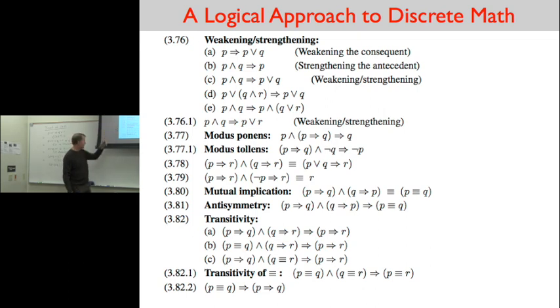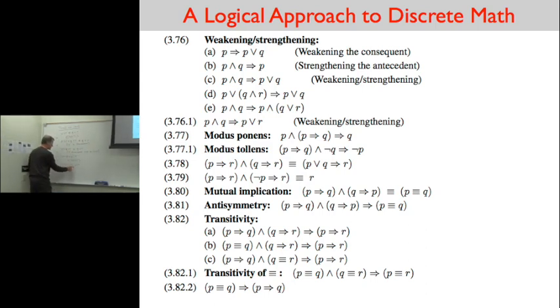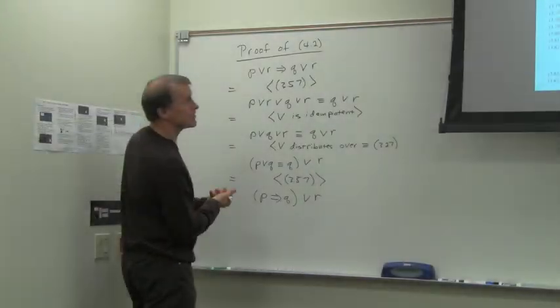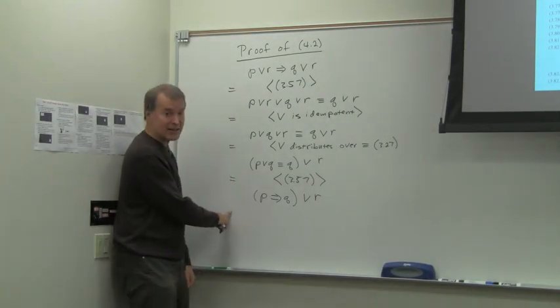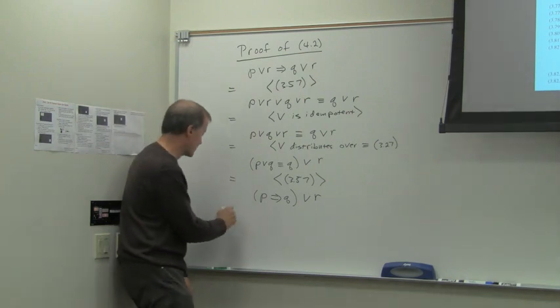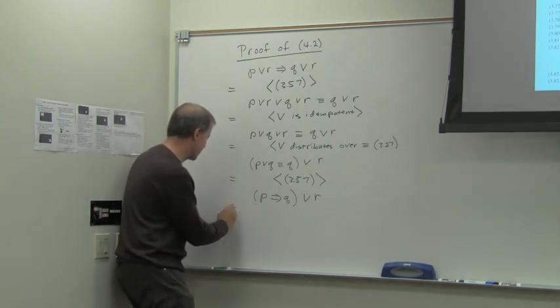So what do we have here? We have this or this. What does this or this do by 3.76a? Now what do I put here? Not equals, but follows from. See how that works?